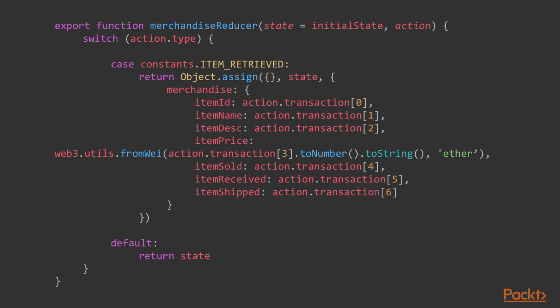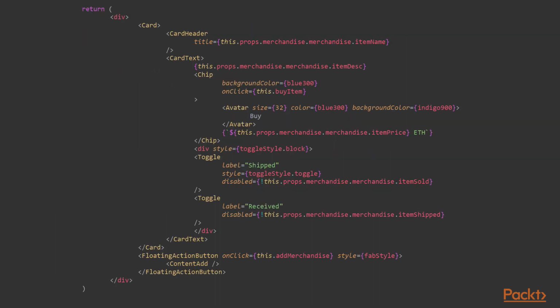In this case, our contract getItem function returned an array containing the details of an item from the online marketplace. We'll map each element from that array to a key name in the object that we're going to return, which takes us full circle because notice that we're returning an object named merchandise to the application state, which is this merchandise object used to set the properties of our elements on our rendered web page.